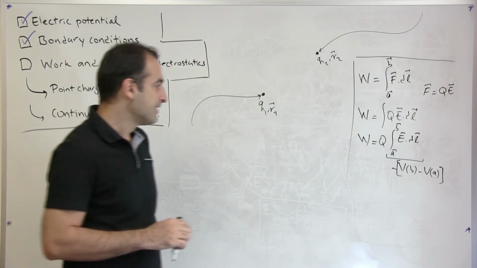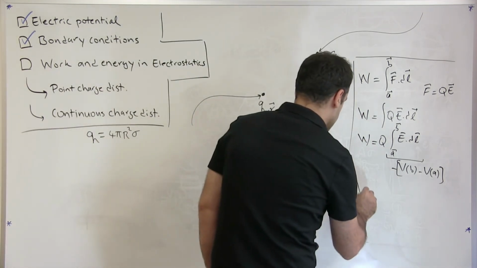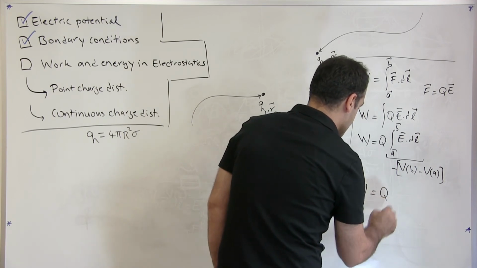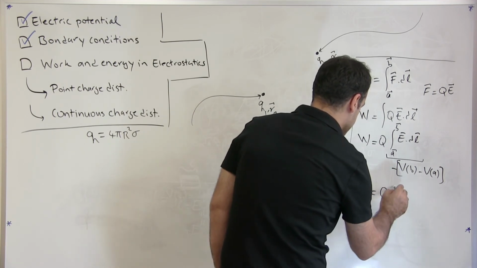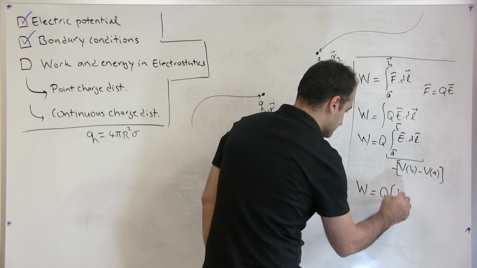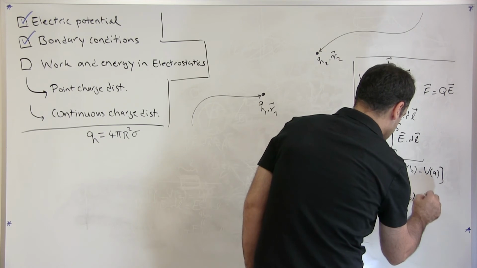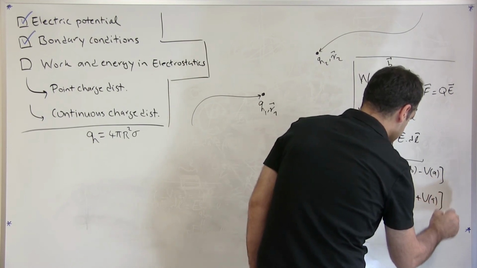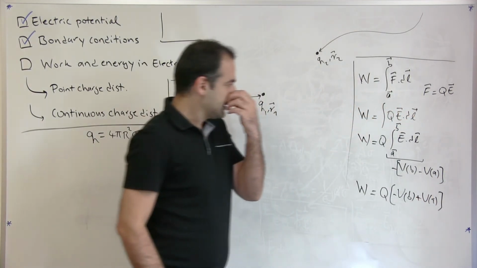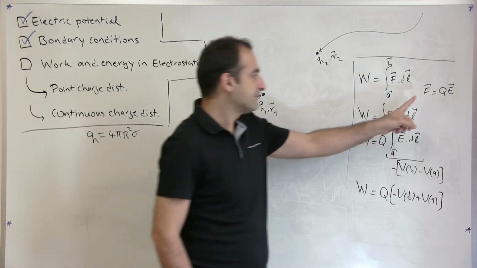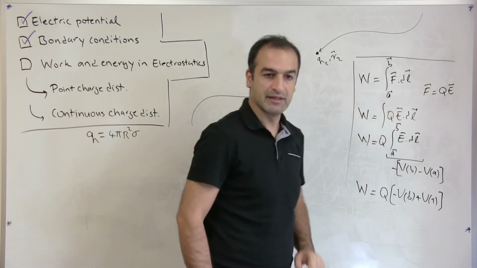Sounds good? So the work done over this course is Q times negative VB plus VA. This is the work done by which force? By the electrostatic force, which is Q times E.